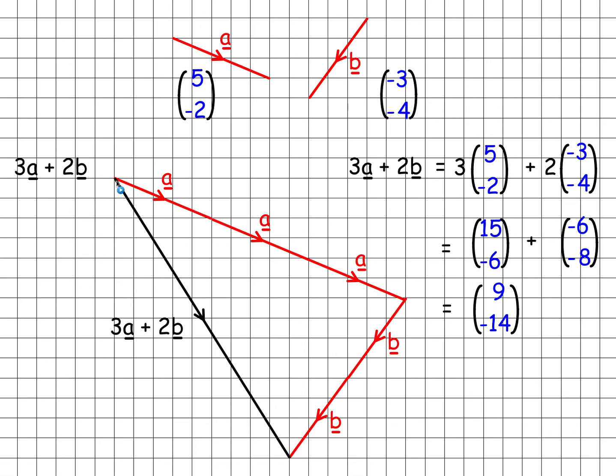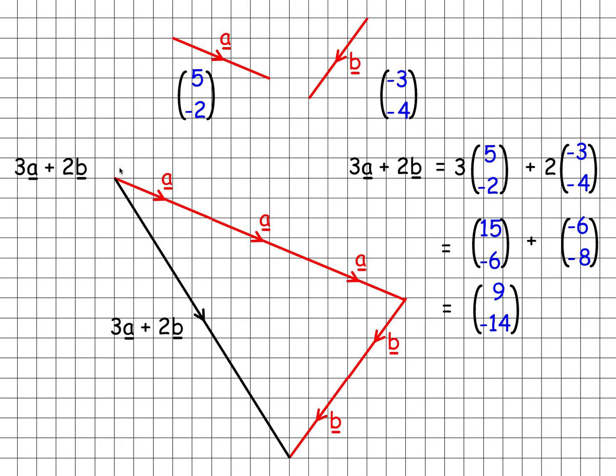Just to check it out from this end, we go to the right 9, and count down 14. So the resultant, 9 to the right, 14 down, is component form 9, -14. So that's it done by diagram, and that's it done with components.